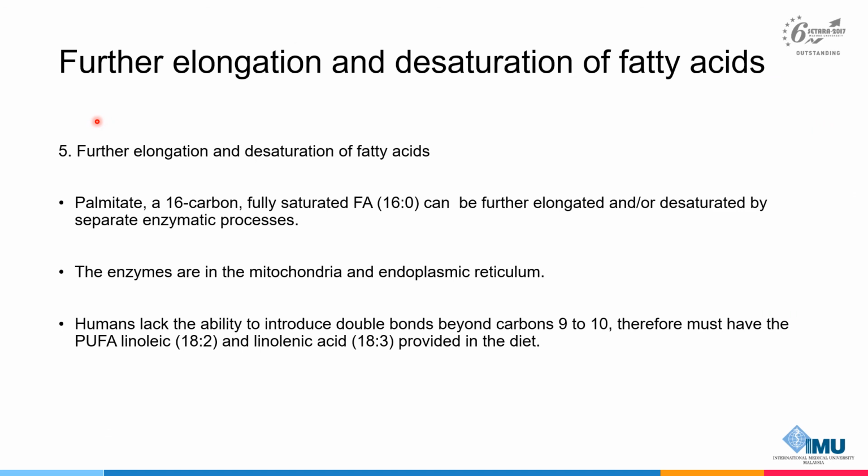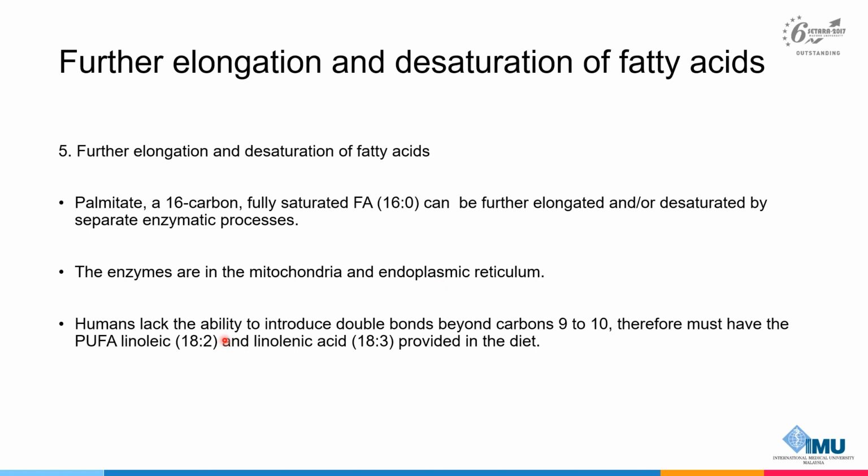So in fatty acid biosynthesis, at the end you get palmitate, which is 16 carbons long. This carbon chain can be further elongated or desaturated in a separate enzymatic process, which we are not covering in this lecture. The chain can be elongated further by other enzymes, and these enzymes are found in mitochondria and endoplasmic reticulum.